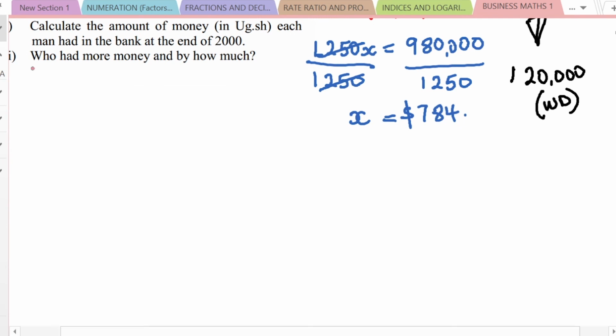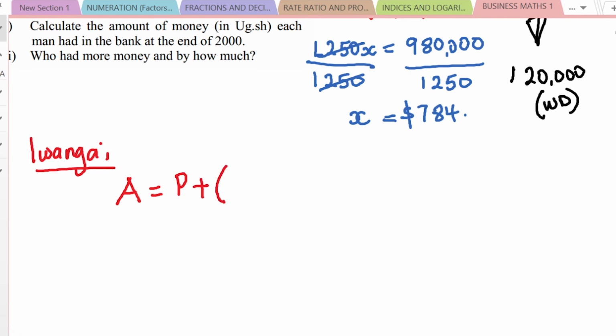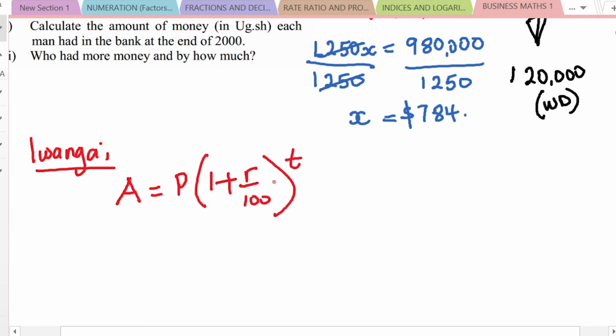We know that for Luanga, the amount after 2 years is going to be the principal multiplied by 1 plus the rate over 100, to the power of time.